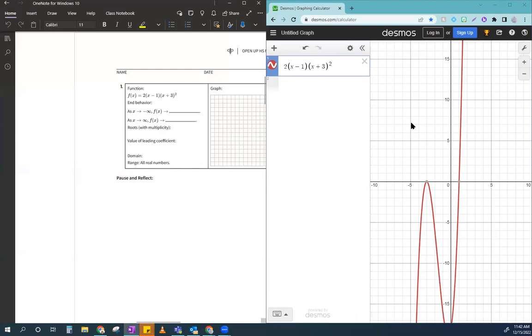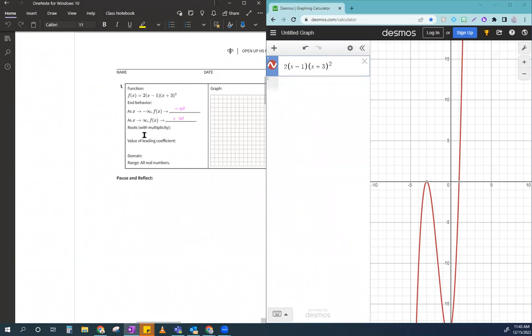As it travels to the left, it went negative infinity. And as it travels to the right, it's positive infinity. Some people like to put the positive there. I don't, because we don't put positive 4. We just write 4.